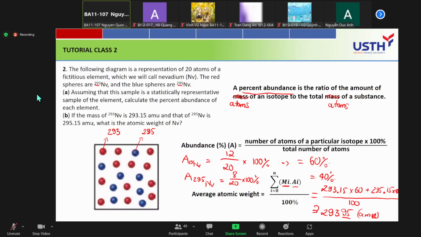In significant figures, normally when you do multiplication, you have to choose the one which has the lowest number of significant figures, right? And you see, this one has only one significant figure. Why do you have five significant figures here? It's okay, this is just to make you a little bit confused.